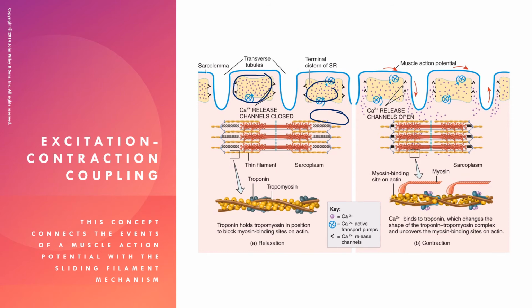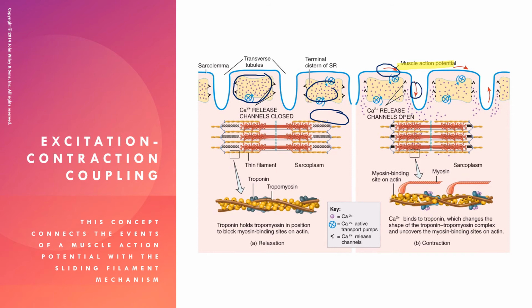So as a muscle action potential propagates along the sarcolemma into the T-tubules, you can see here we have this action potential as denoted by these red arrows. This is the electricity, or the action potential, propagating along the sarcolemma and then here into the T-tubules.